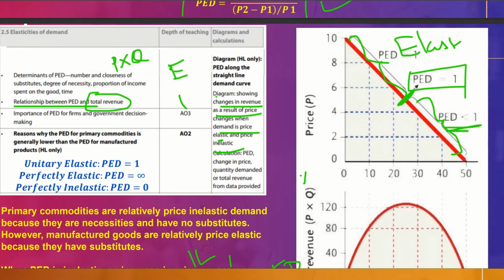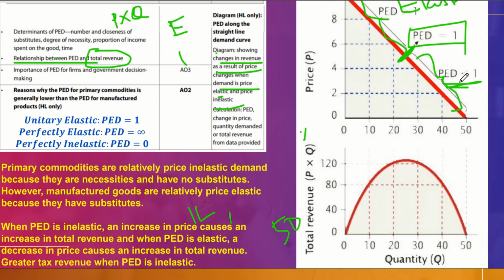See, look at the inelastic case. If the price of the product increases, say from 2 to 4, when the price was $2, the quantity demanded was 40, and the revenue is 40 into 2, so 80.